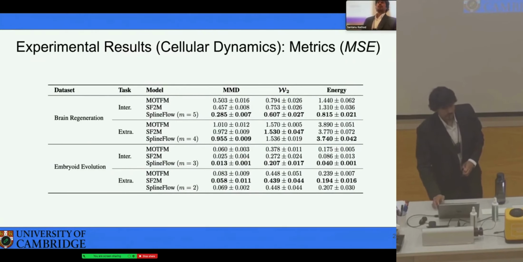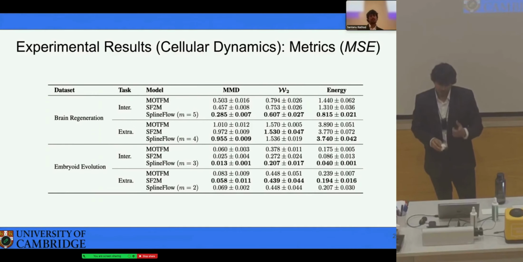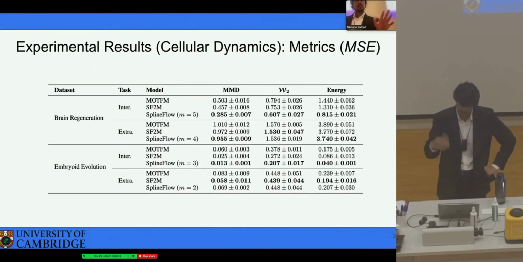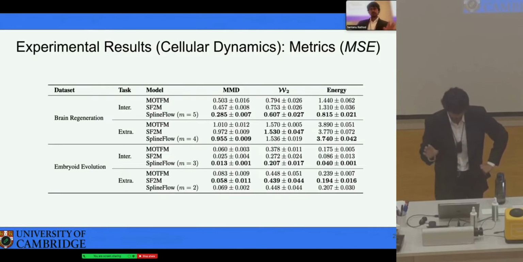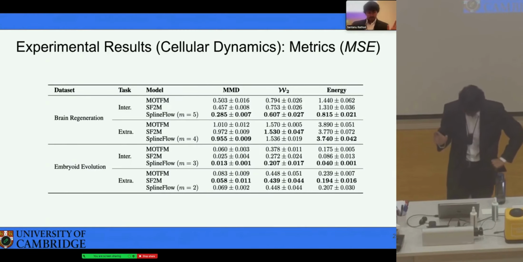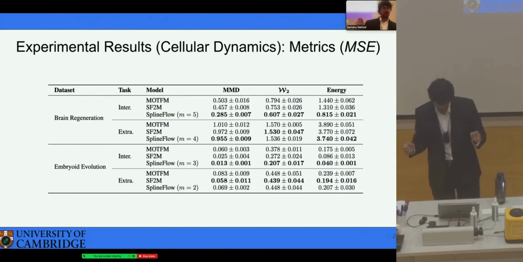Similarly, we also performed experiments for cellular dynamics, which I will explain, because it's also the topic of the second part of this talk. We've used similar datasets as in the coming talk on brain regeneration and embryonic evolution. These results are on the fate embedding of the cellular dynamics, which is not PCA, and it's also not the full dimensionality of your gene expression.